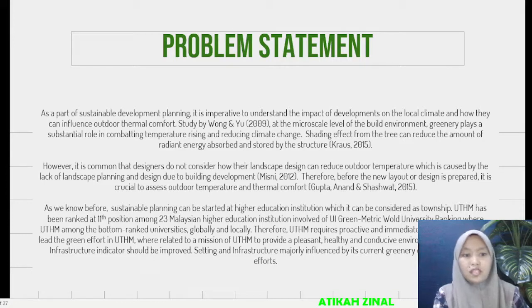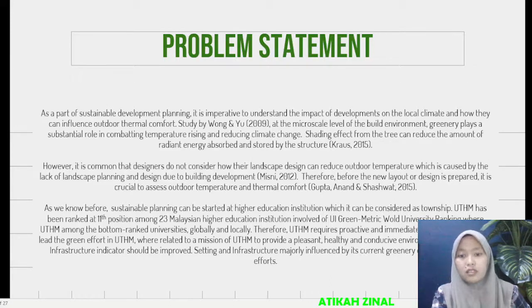This is the problem statement. As part of sustainable development planning, it is imperative to understand the impact of development on the local climate and how it can influence outdoor thermal comfort. According to a study by Wong and Yu in 2009, at the microscale level of the built environment, greenery plays a substantial role in combating temperature rise and reducing climate change.